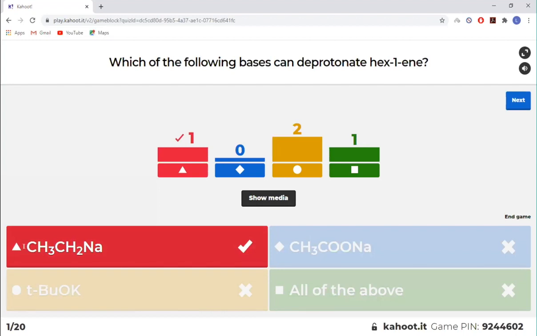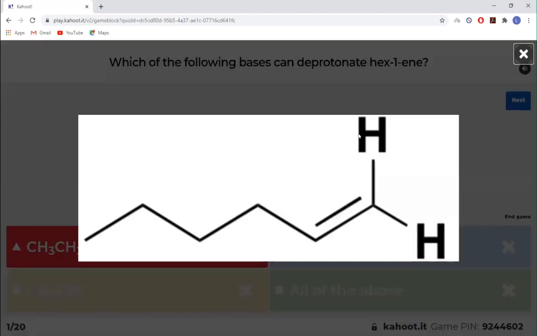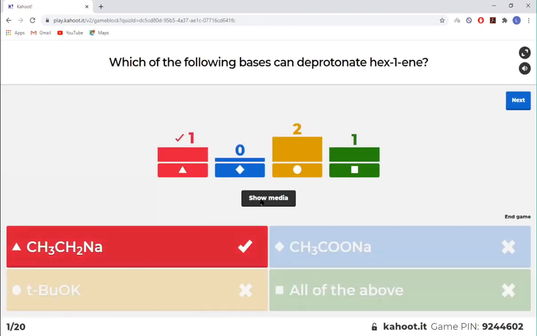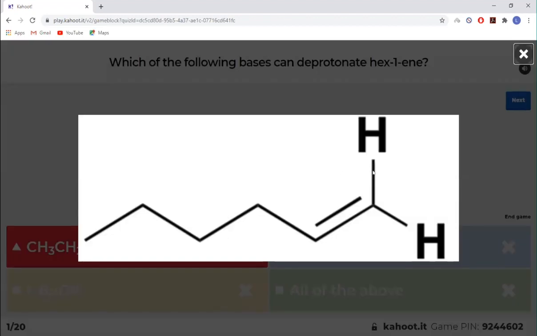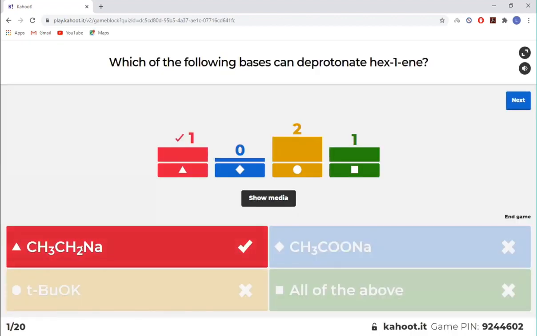In this case, this one is a strong enough base because we know this is an sp3 carbon, and this we see here as sp2. Or potentially you can talk about the allylic position. But either way, this one is stronger than this acid. Hex-1-ene is stronger than an alkane. And also tBuOK is just a regular bulky base.